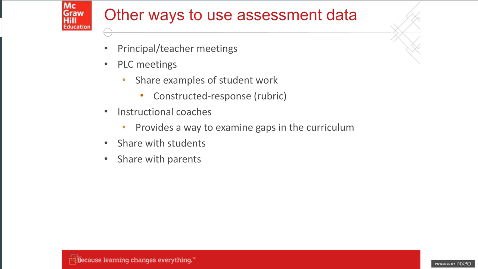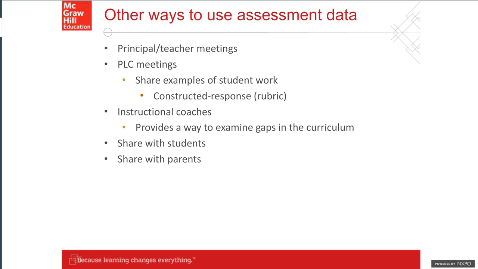Our district strategic plan is that every student will have a plan for their future. So looking at interim data and summative data, students should be able to see what they need, help shape their plan, decide what kinds of help they want, and then share it with parents.